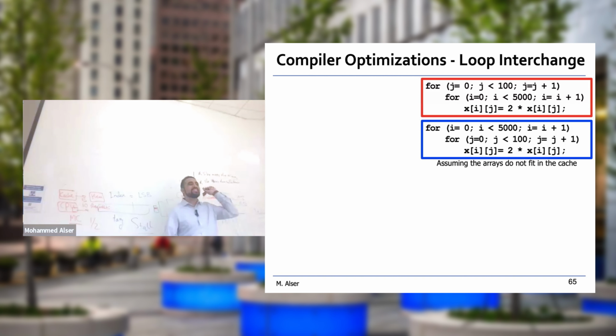All of them will do exactly the same amount of job. Exactly, all of them will iterate over all the array. The only difference is whether I would go vertically or horizontally. It's exactly the same thing, the same amount of job, same number of instructions, same number of operations.